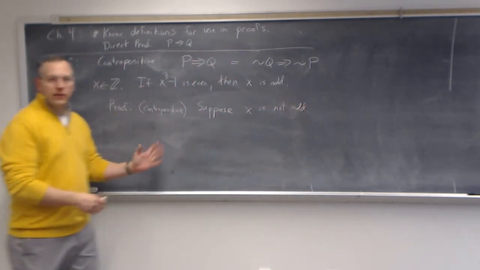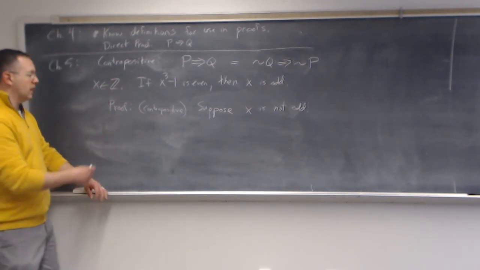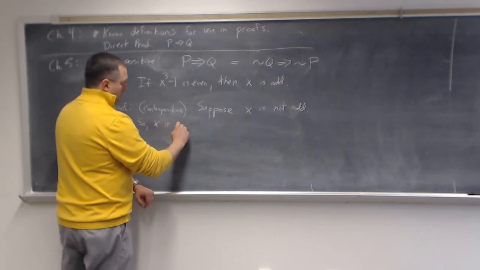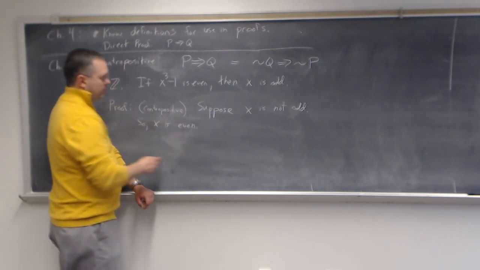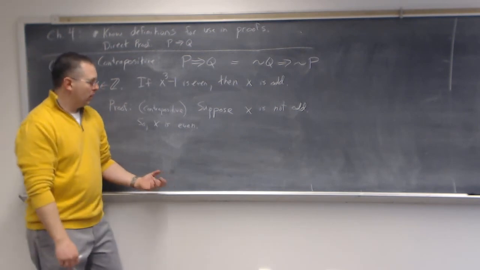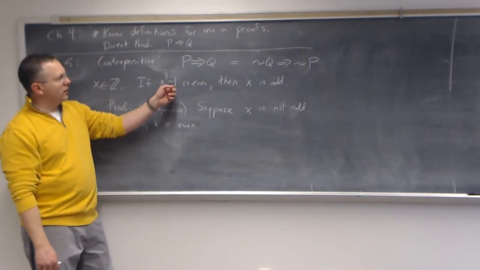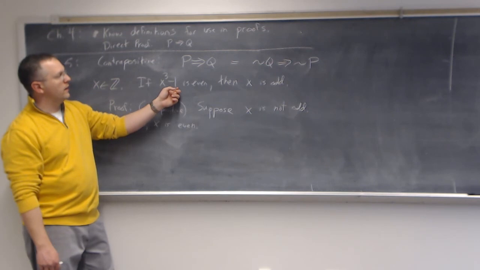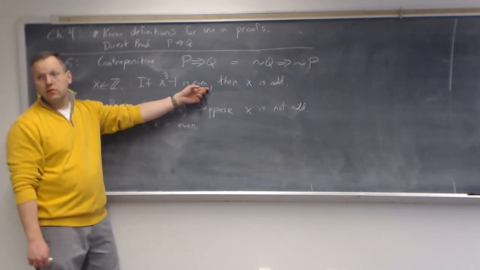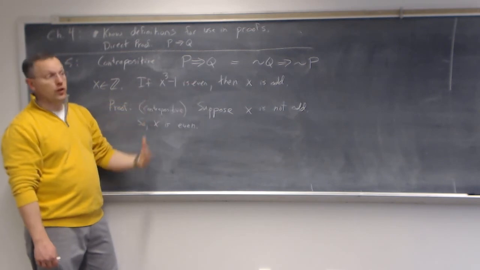We know that every integer is either even or odd, so then you would say, so X is even. Right? And then, where are you going? You want to show that x cubed minus 1 is not even, which is the same thing as x cubed minus 1 is odd. Right? So that's where you're going.